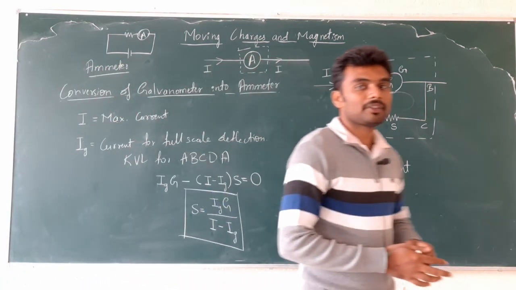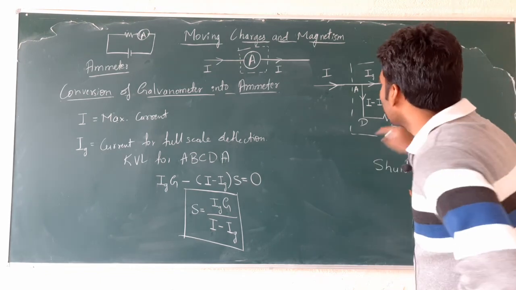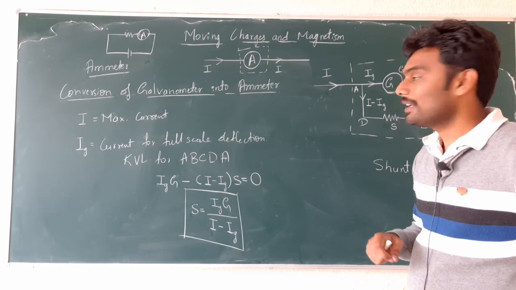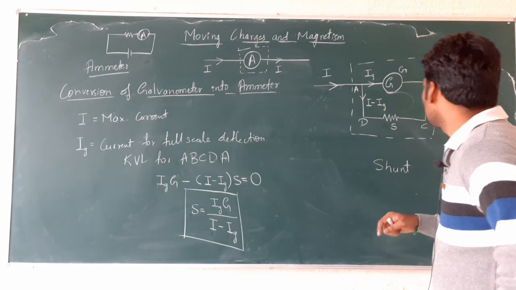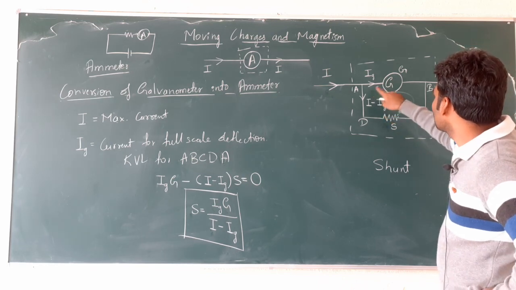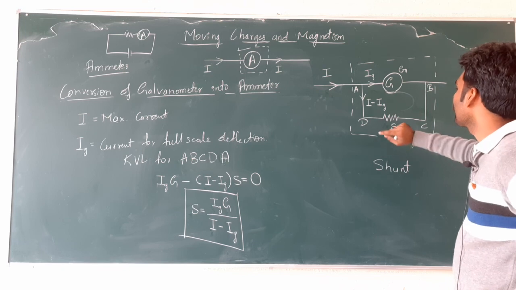So there comes a special case in this. The special case is an ideal ammeter. So how do you design an ideal ammeter? Ideality means here, Ig is the current flowing through the galvanometer, right? I minus Ig will flow through the shunt resistance.